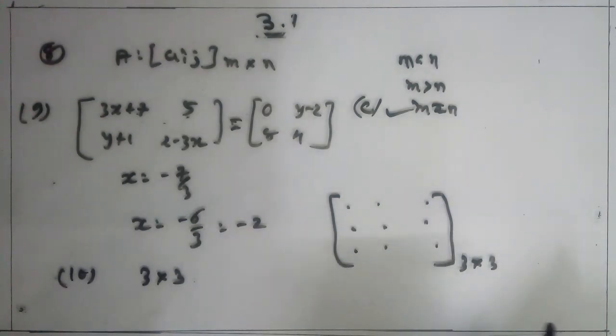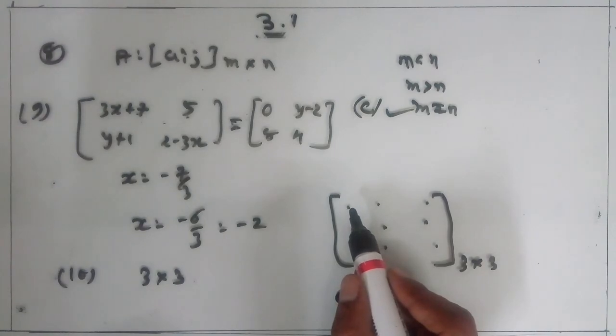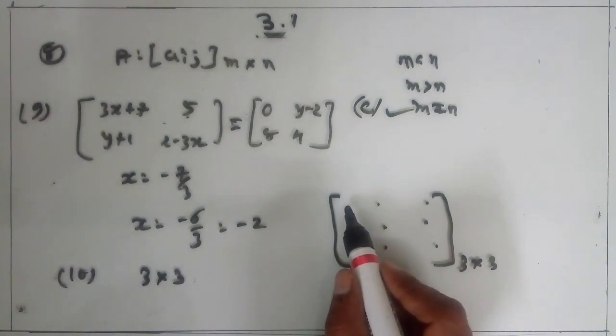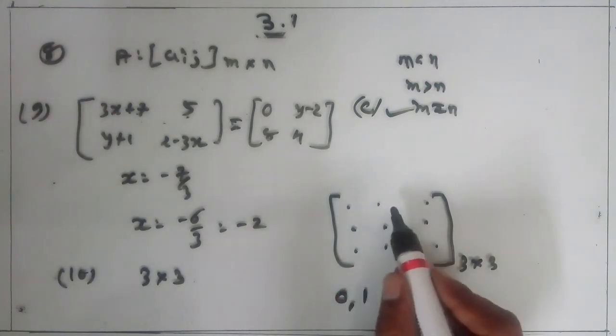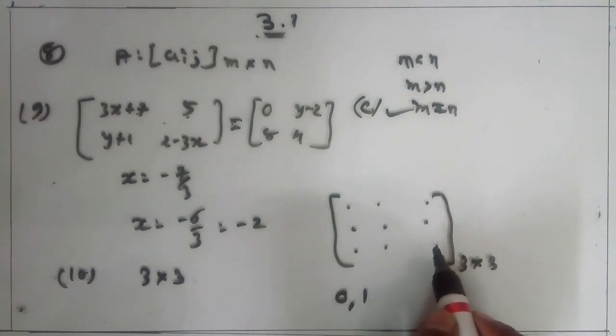Clear? With entries 0 or 1. That is, the first element is replaced by 0 or 1. Similarly, each entry of this matrix can be changed in two different ways.